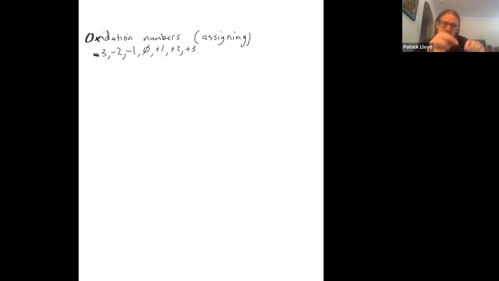We don't write the number and then the sign. When you're doing charges in a species, for example, sulfate, SO4 2-, you put 2- up at the top as a superscript. For oxidation numbers, we put the sign, plus or negative, and then we write the number. Then each atom is assigned an oxidation number. So this is assigning, right? We're telling these atoms what their oxidation numbers are.